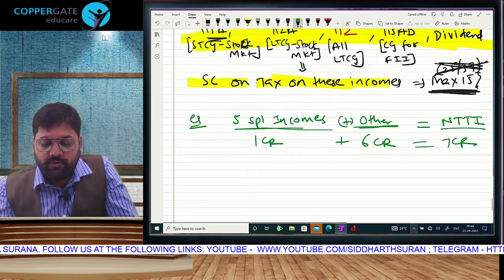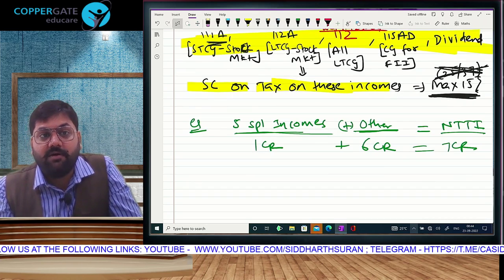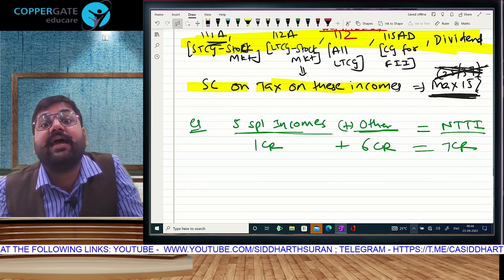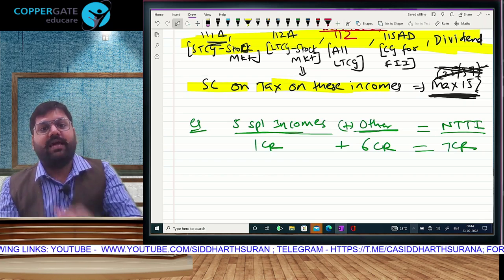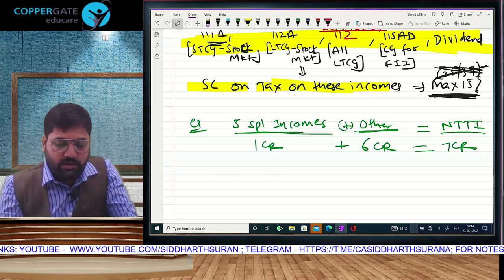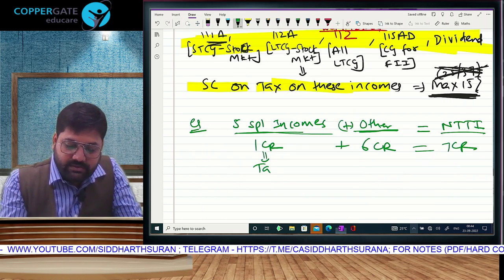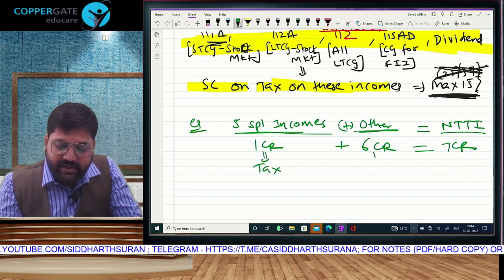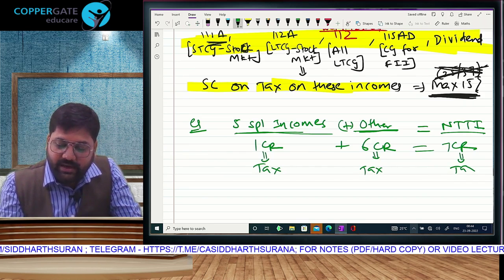First step is going to be to calculate basic tax. We will never think about rebate or surcharge before we calculate basic tax. First step in our life will always be calculation of basic tax. So, can I say we will calculate tax on these incomes? That will be our total tax on 7 crore.